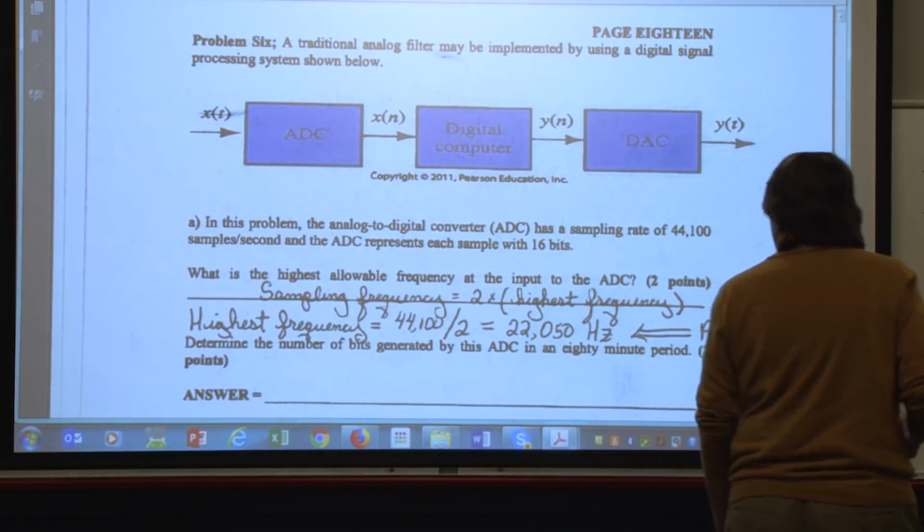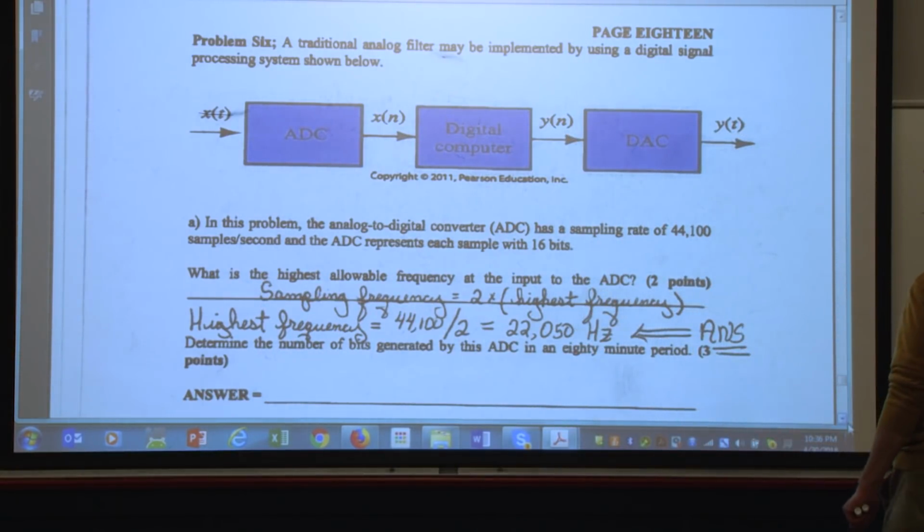A traditional analog filter may be implemented using the following process. Now, I tell you, in this problem, the A to D converter has a sampling rate of 44,100, and each sample is represented by 16 bits.